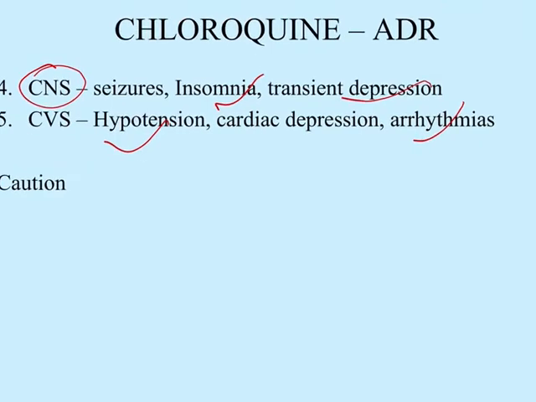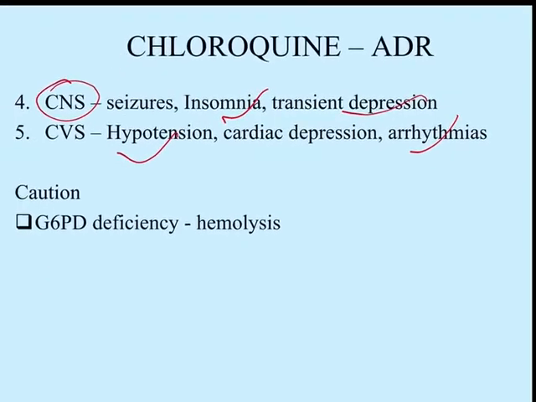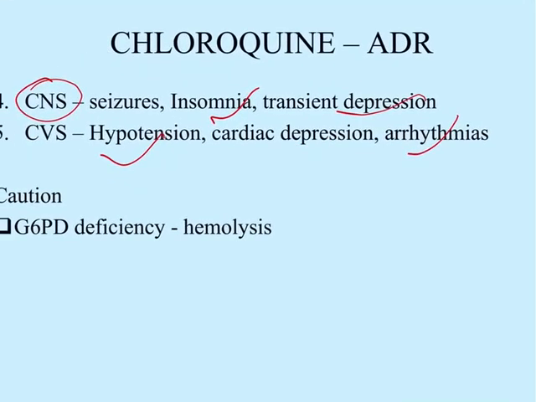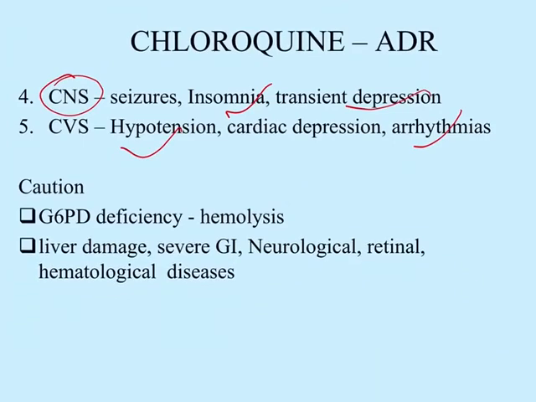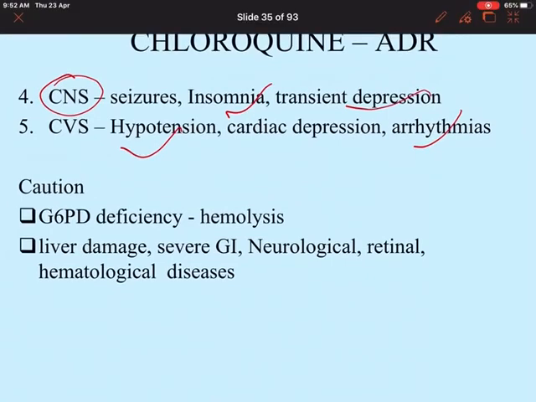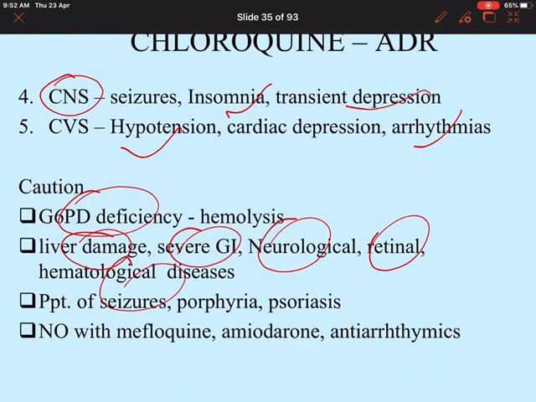So, there are a few places where we have to exert caution before we give chloroquine, like in G6PD deficiency, liver damage, severe gastrointestinal intolerance, neurological, retinal or hematological diseases. You can also precipitate seizures, porphyria and psoriasis.